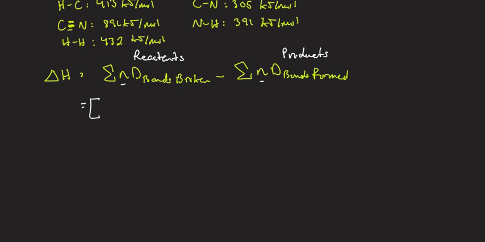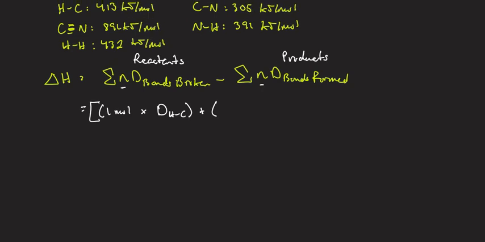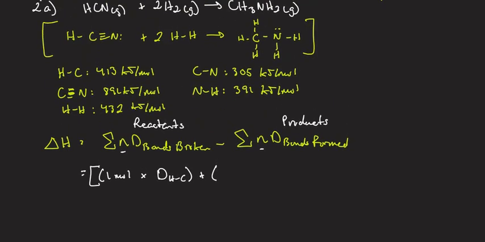So let's continue. We're doing our reactants first. In our reactants, we have 1 mole, where D represents bond energy, of a carbon hydrogen bond. Going back up to our equation here, we have 1 mole, that's this right here. That's one of those bonds.